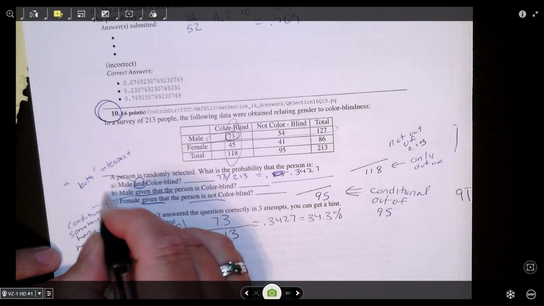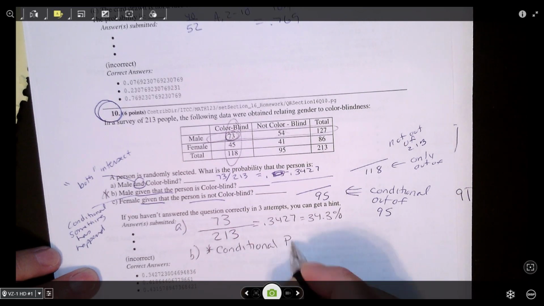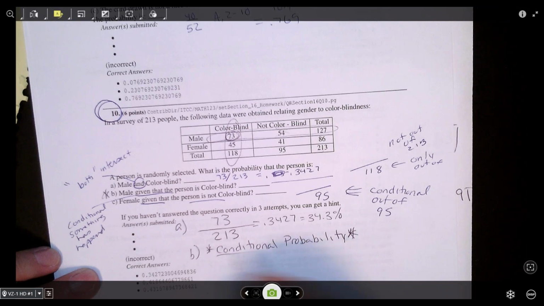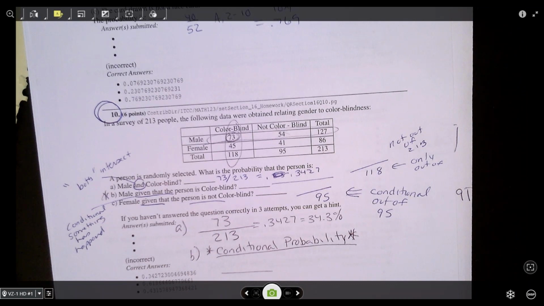Now B. B is the first time you're looking at what we call conditional probability. Be on the lookout for those. That's why I always say do your denominator first. It's who are you picking from?